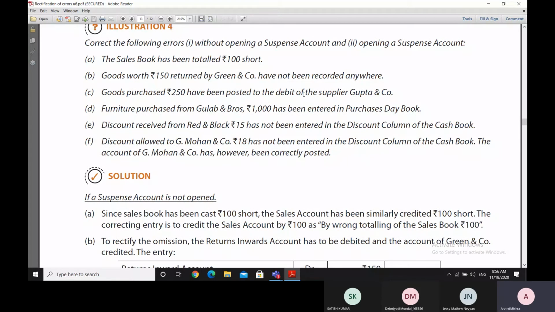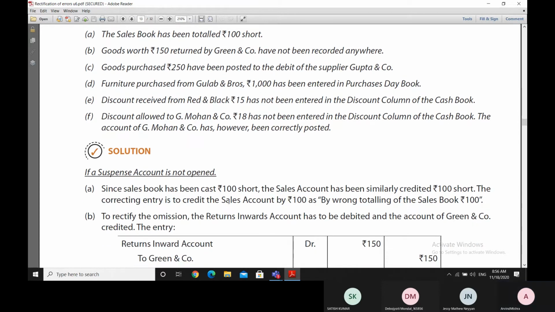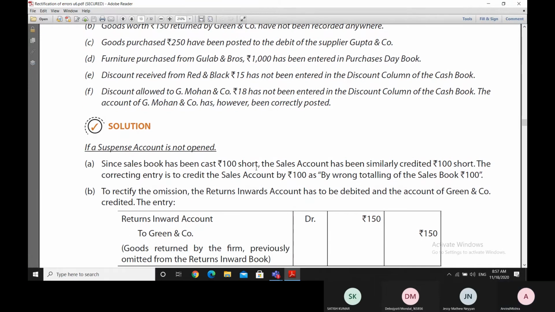When we say suspense account not open, it means that we have found this error beforehand, before the preparation of the trial balance, and we have found that the sales book has been totaled 100 rupees short, and therefore we need to make an additional credit in the sales account because the sales account was credited short by 100 rupees.